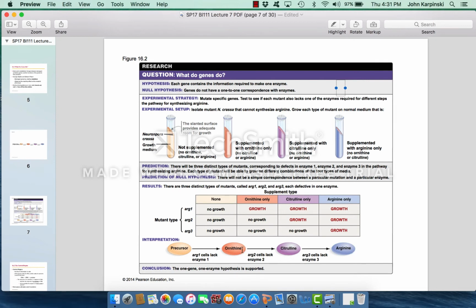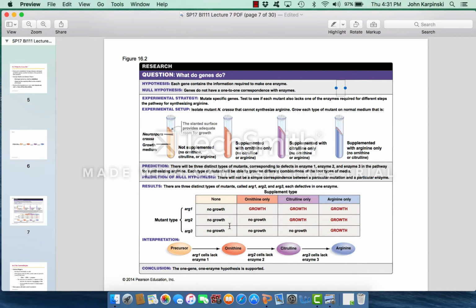So by process of elimination, if the mutation is not in enzyme 2 or 3, then it has to be in enzyme 1, and therefore the function of enzyme 1 is to go from this precursor molecule to ornithine. Okay? So that evidence here in this first row supported the one gene, one enzyme hypothesis, because this particular mutation had an effect on only one enzyme, enzyme number 1, and not enzyme number 2 and 3.